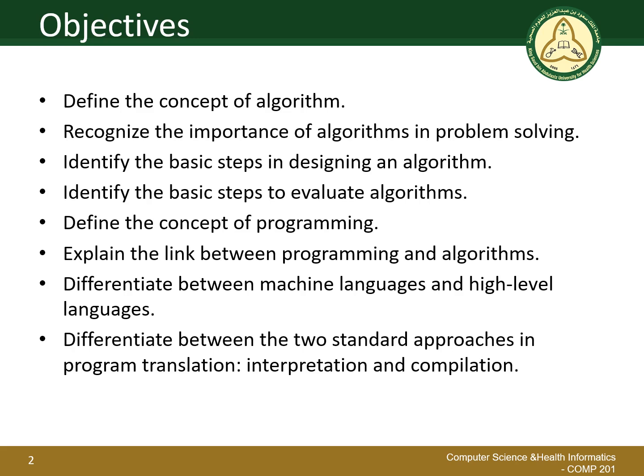Then we will define the concept of programming, and explain the link between the programming languages and the algorithm. Also, we will explore the programming languages and differentiate between machine language and high-level language. And finally, we will differentiate between two standard approaches in programming translation, which are interpretation and compilation.